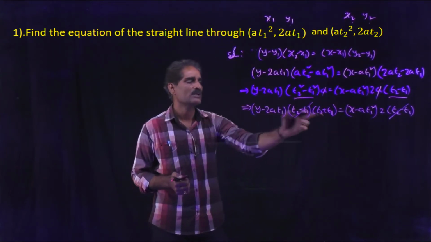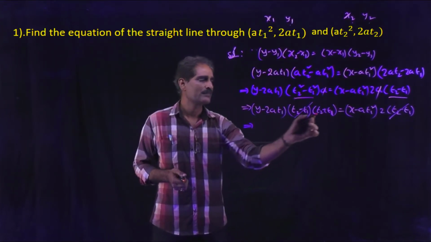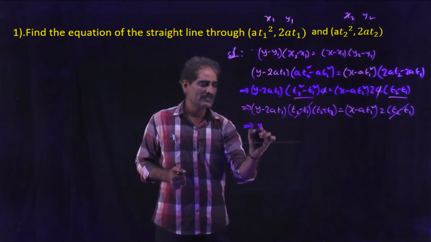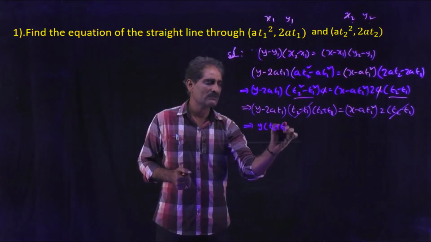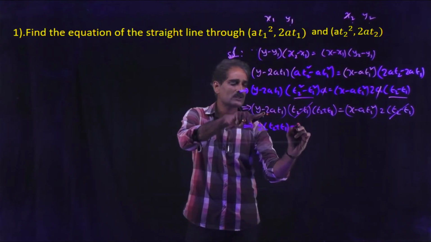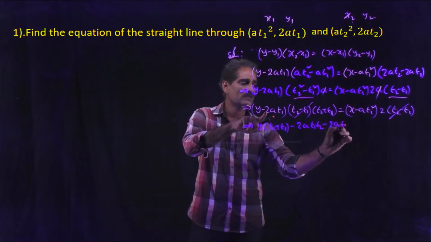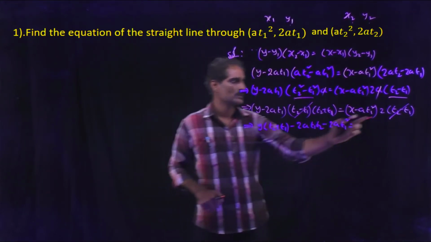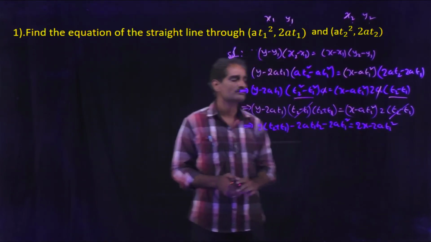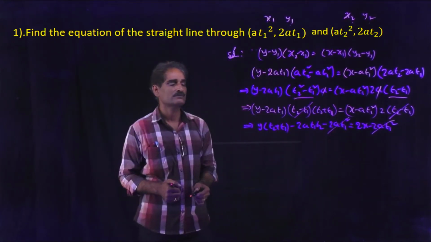Okay, next multiplying by this, just multiplication only. This implies (t2 plus t1) into y, minus 2a t1 into t2, minus 2a t1 t2 minus 2a t1 square, that is equal to, just multiply by 2, 2x minus 2a t1 square. The 2a t1 square gets cancelled.